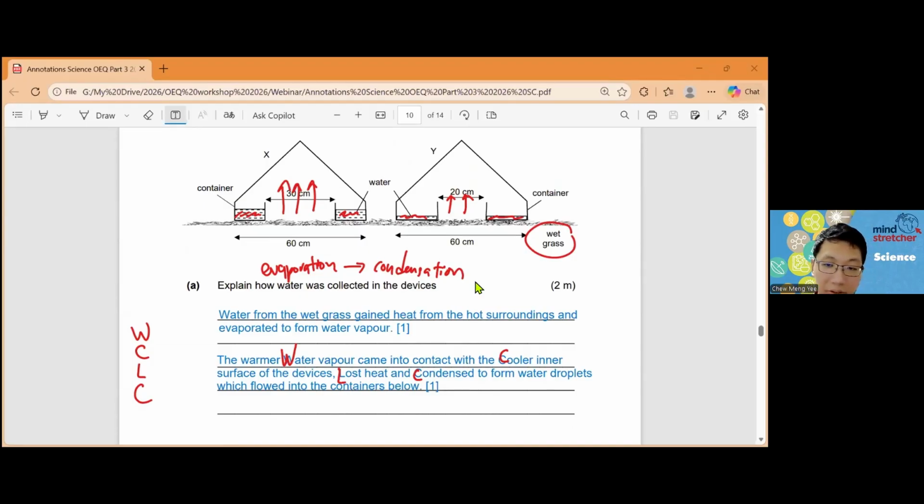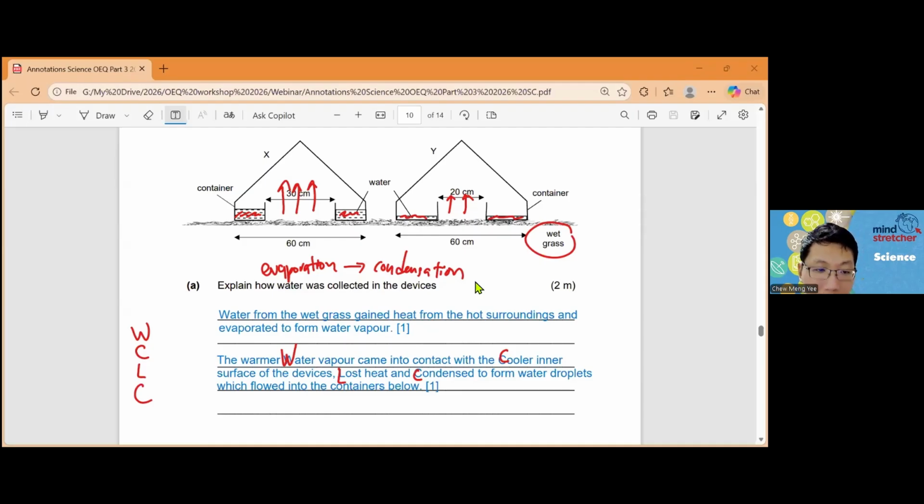Surroundings, very good. Surrounding air, not space, because space is just empty. We must say surrounding air. Correct. So remember, a cooler surface is just any type of surface. It could be a solid, it could be the surrounding air, which is cooler.